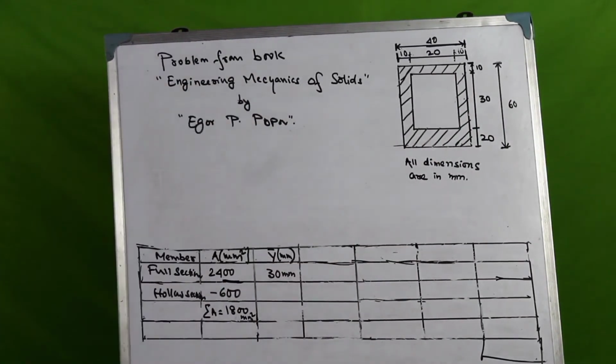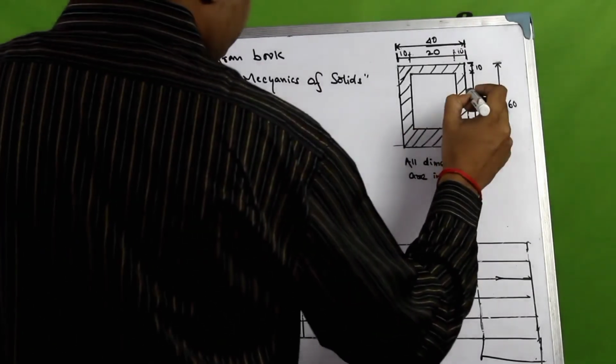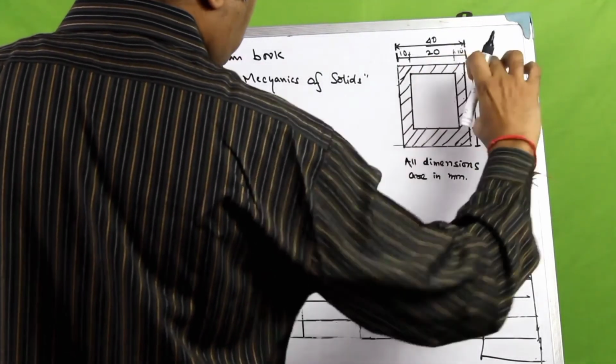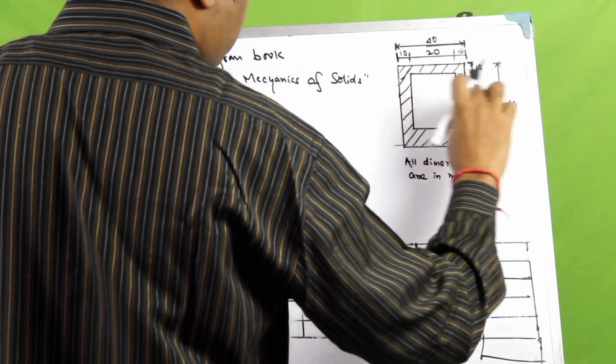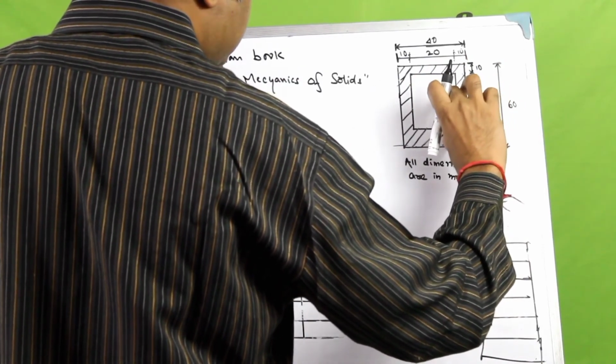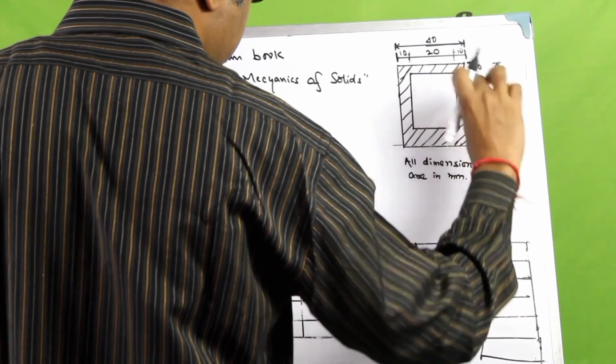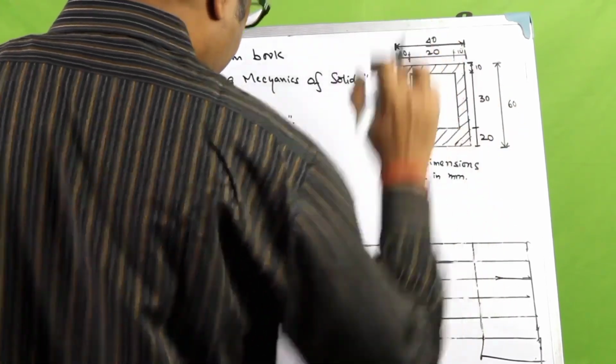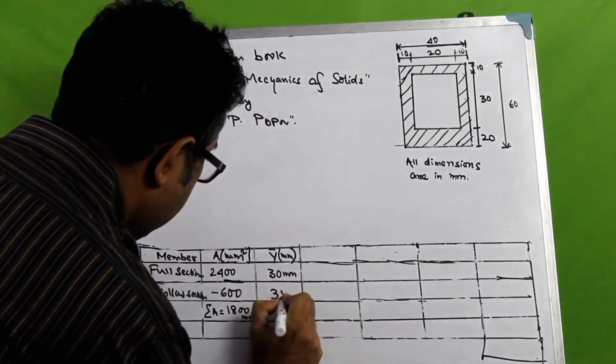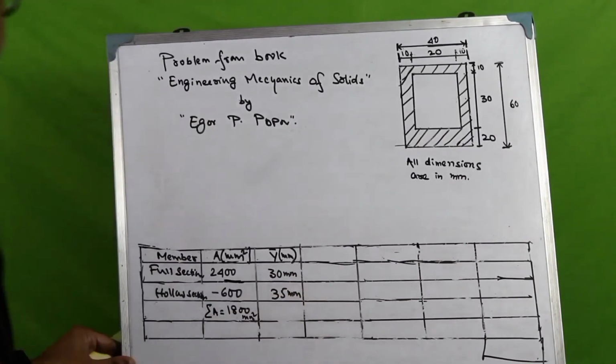And for this hollow section, it would be at half of this 30 millimeters. From the bottom of the hollow section to the centroid of the hollow section, it would be 15 millimeters plus 20. So 20 plus 15 would give 35 millimeters.